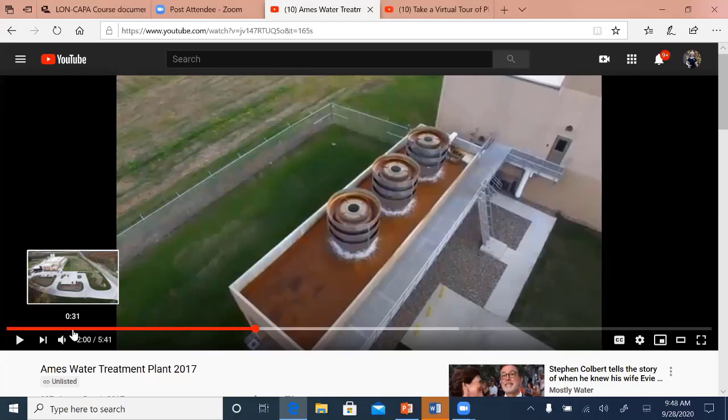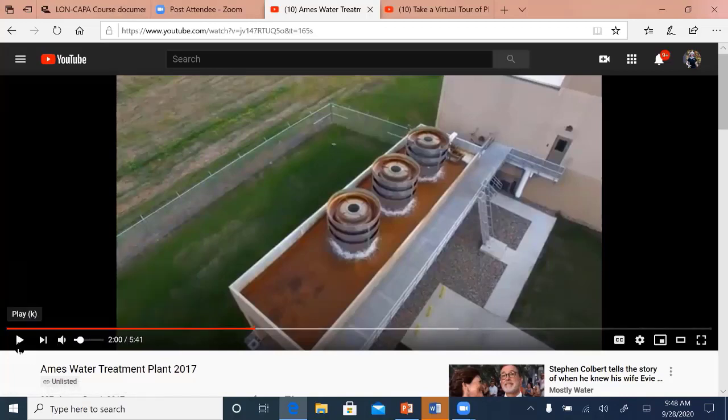So by doing that, they can precipitate out the iron and manganese. At the same time, they can strip some of that CO2, reducing the amount of lime that they need for reaction 1. So that's what they're doing in this part of the process.